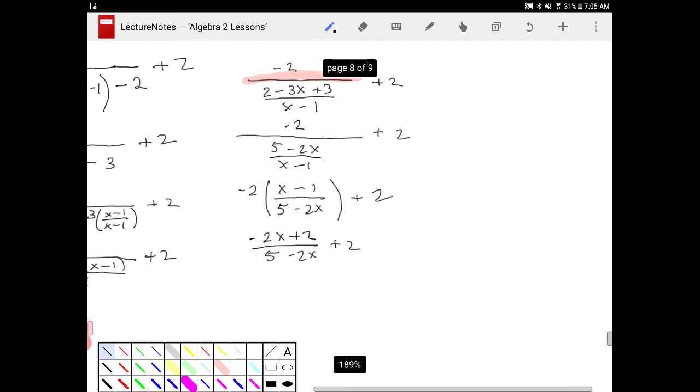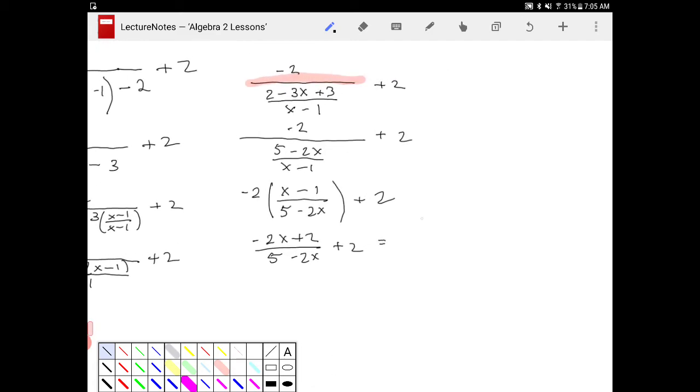And create a common denominator again. I get negative 2x plus 2 over 5 minus 2x plus 2 times 5 minus 2x over 5 minus 2x.